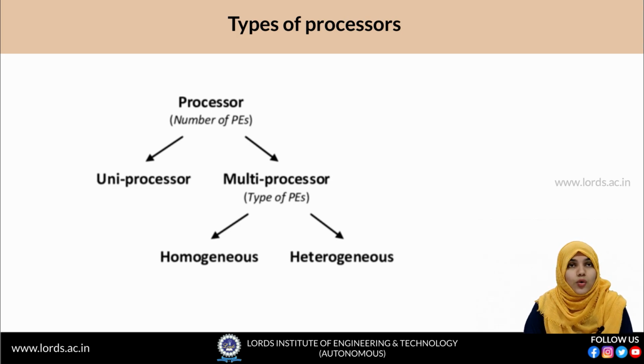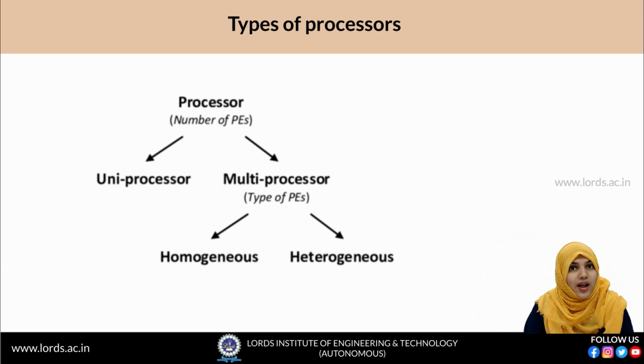Every single processor has one general purpose processor, and it can consist of multiple special purpose processors. If a processor consists of multiple special purpose processors, it doesn't mean that it is a multiprocessor. As there is only one general purpose processor, it is considered a single processor. The type of processor is classified based on the number of general purpose processors.